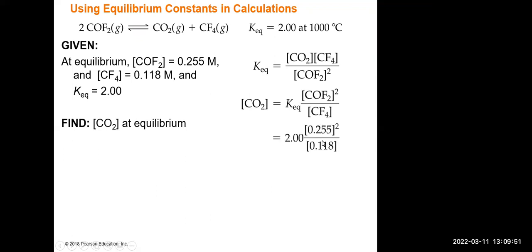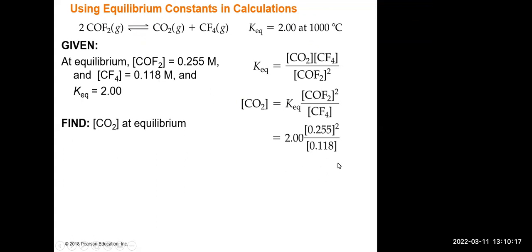Then you just plug in. You are given this K sub EQ of 2.00, and you are given the concentration of COF2, 0.255. Put it here, squared, since the square comes from the coefficient of COF2, and then divide by the CF4 concentration at equilibrium, which is 0.118.